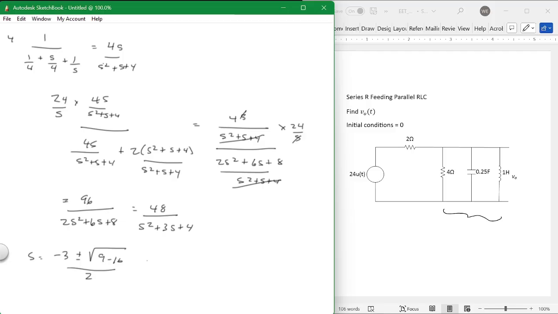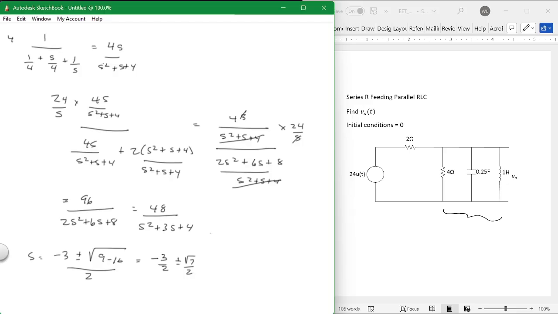So this is equal to minus 7, square root of 7. So that's this one. And you do not have another S term because it canceled out. So you got rid of the S term with this one.